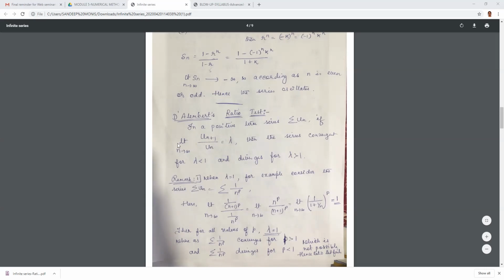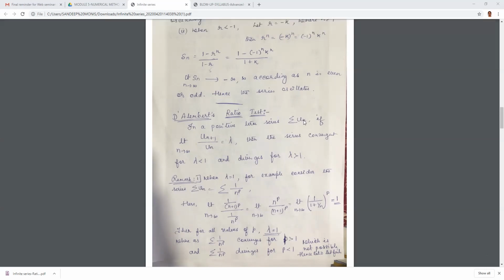If you take the limit of un plus 1 by un, where un plus 1 means the n plus 1th term of the series, equal to lambda, then if the value is less than 1, we can say the given series is convergent, and if the value is greater than 1, then it is divergent.